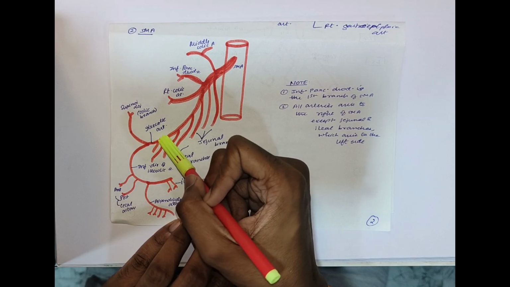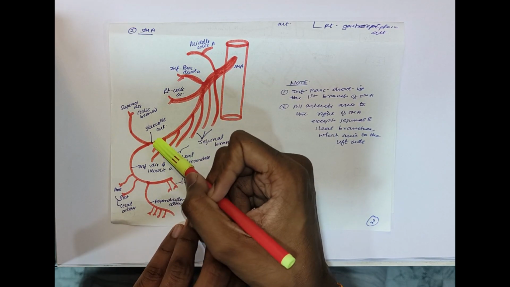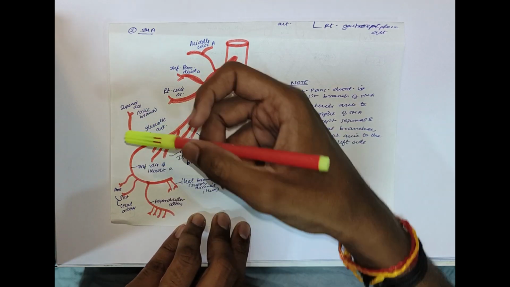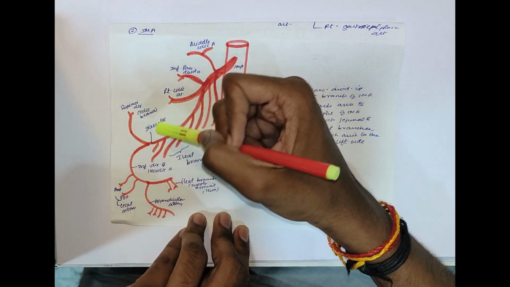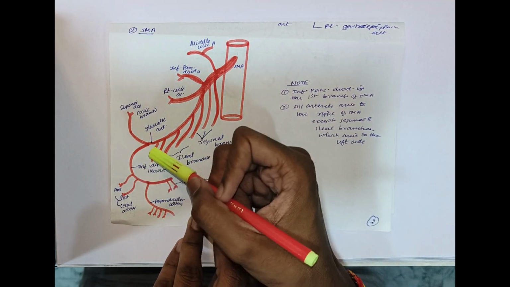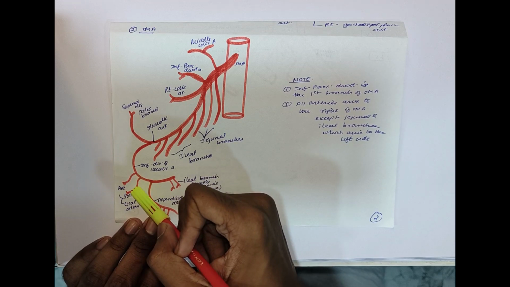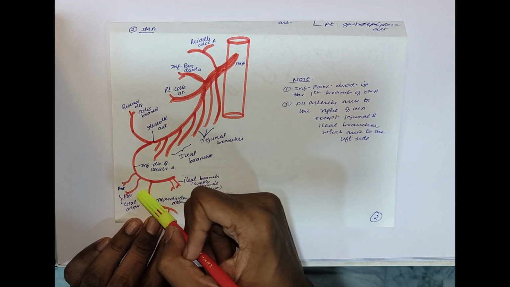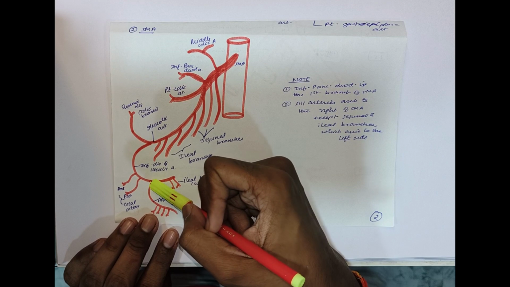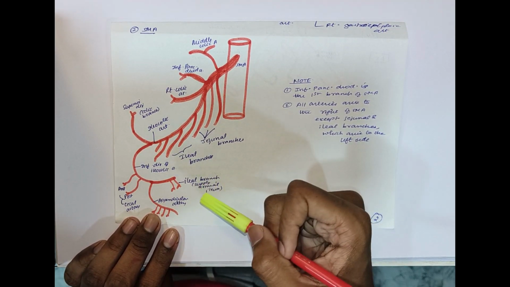It also gives off a branch known as the ileocolic artery, which gives off two divisions, the superior division or superior colic branch, and the inferior division. The inferior division of the ileocolic artery gives off anterior and posterior cecal arteries, which supply the cecum, as the name suggests, and also a very important artery known as the appendicular artery, which supplies the appendix.